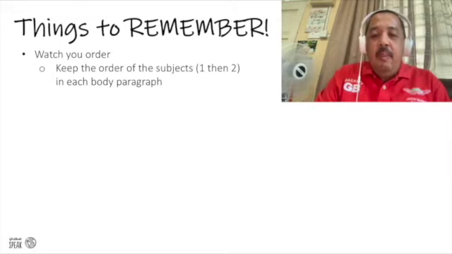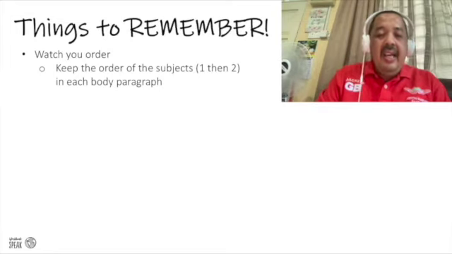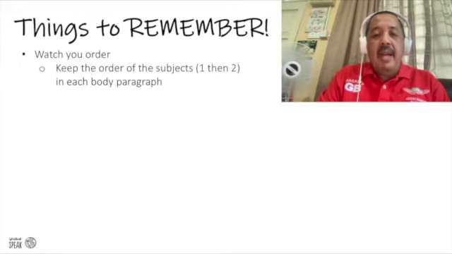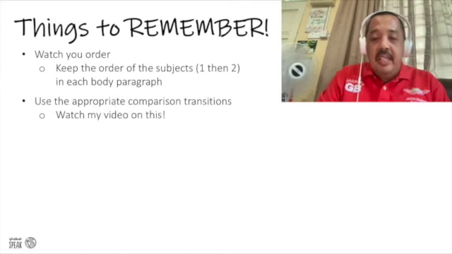Also, within your paragraph, you've got to keep the order of the two subjects. If you talk about one thing first in the first body paragraph, then you have to talk about it first in the second, third, and fourth, however many body paragraphs you have. For us, it was oranges and apples, and we always talk about the oranges first, and then we talk about the apple.